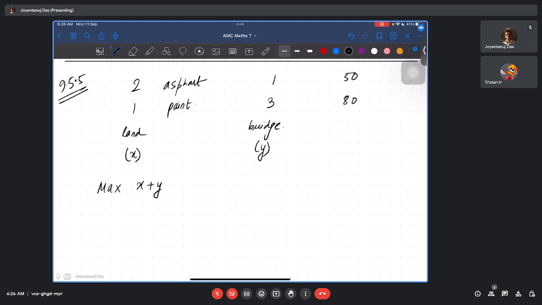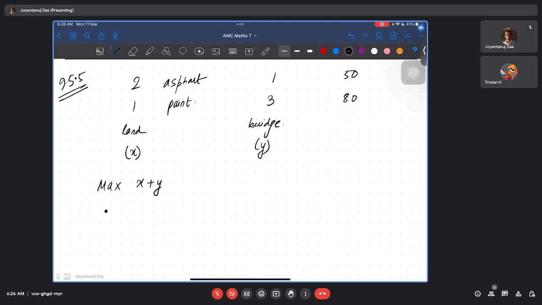The constraints are: two asphalt for land and one asphalt for bridge, so 2x plus y is at most 50. And x plus 3y is at most 80. So these are the inequalities, right?